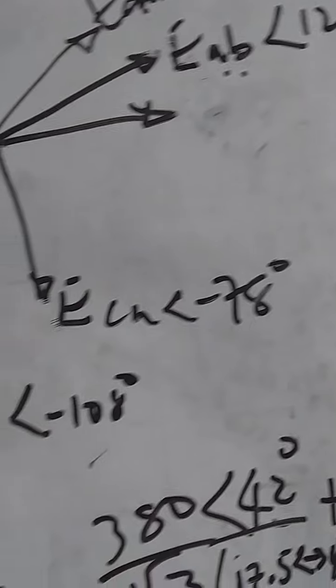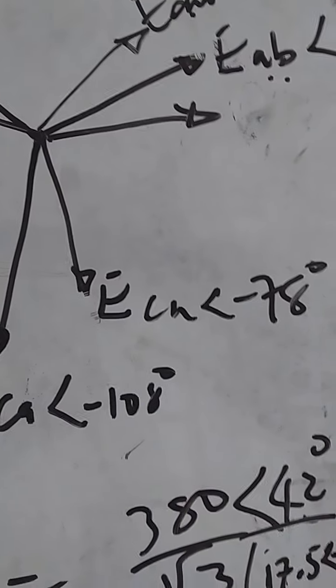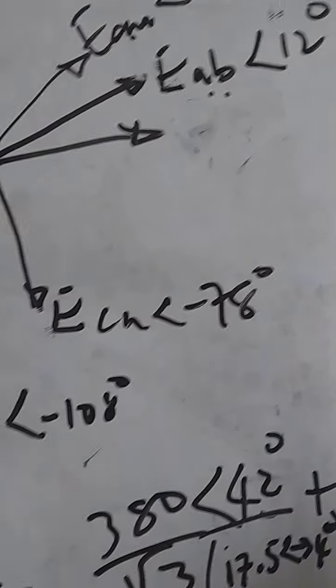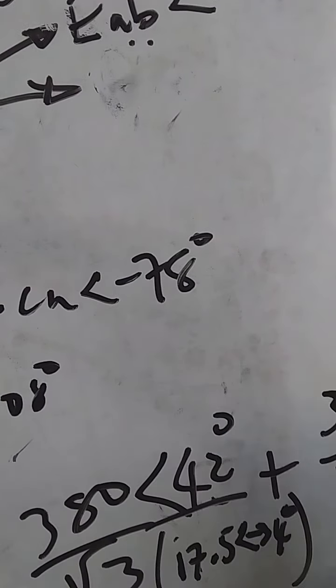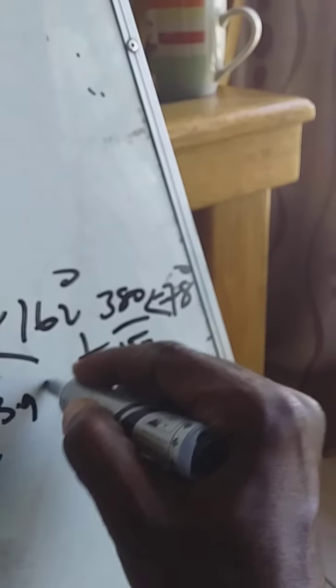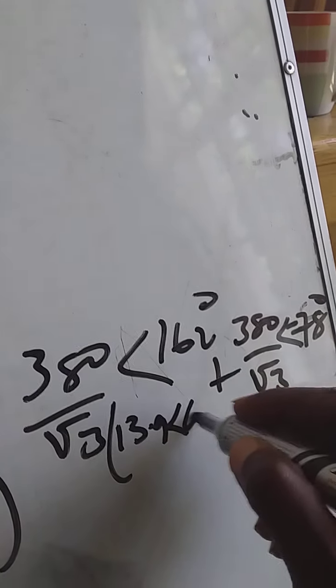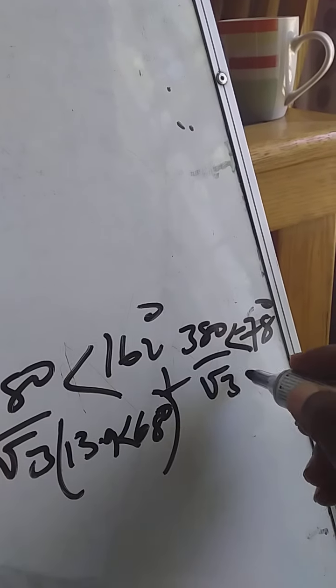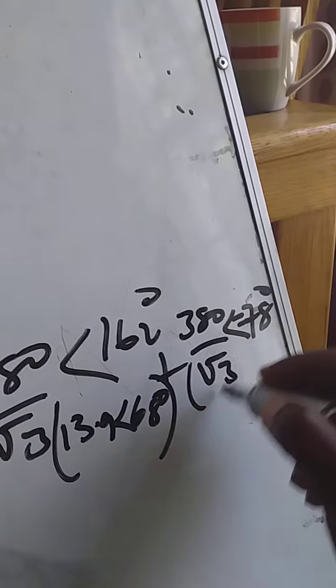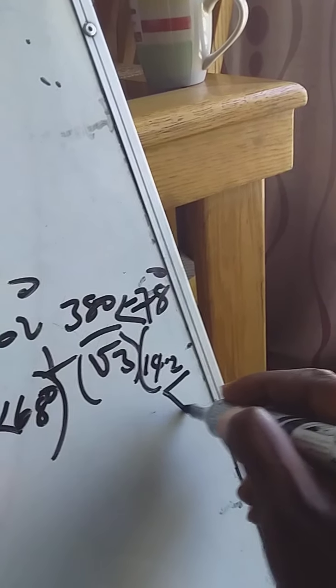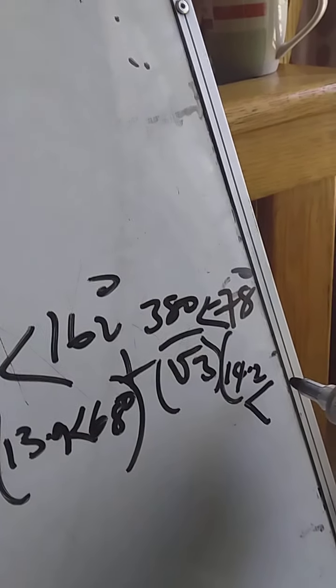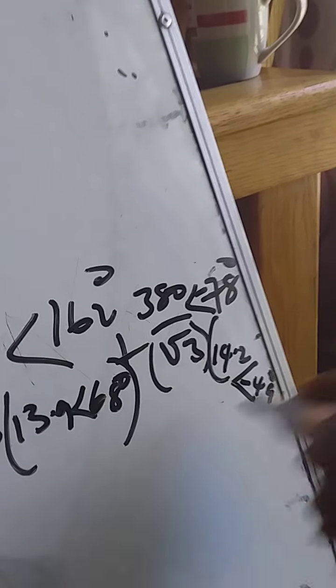Then also our YB will be 1 over ZB, which is 13.9 at angle 68 degrees. Then you have also our YC, which is 1 over 14.2 at angle minus 49 degrees.